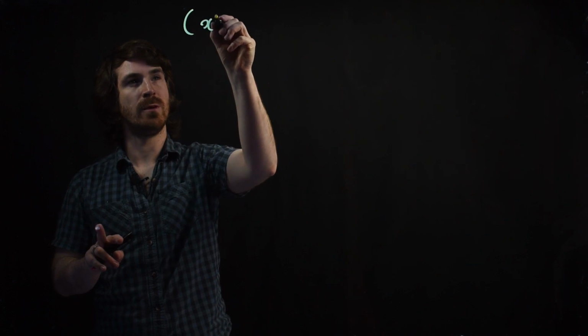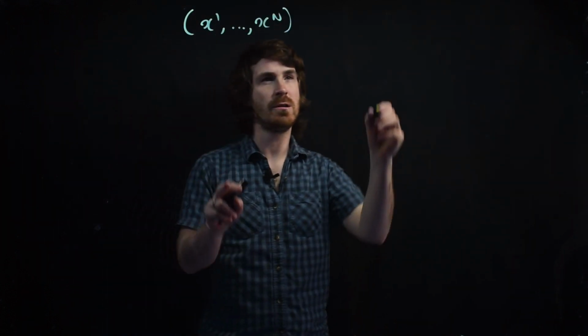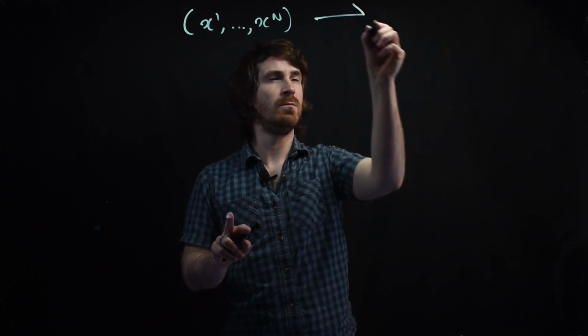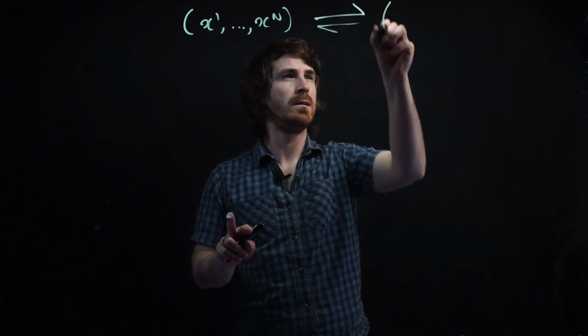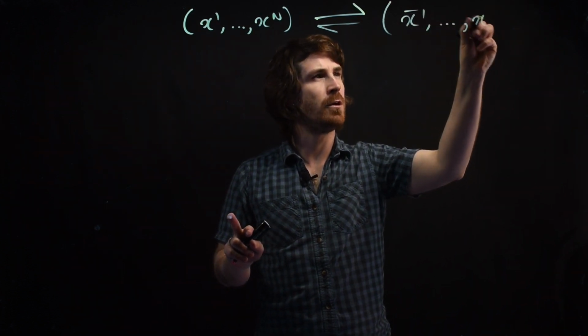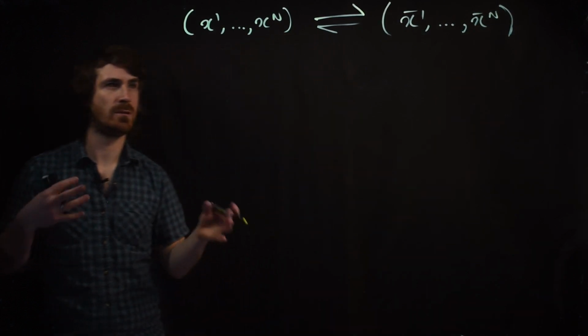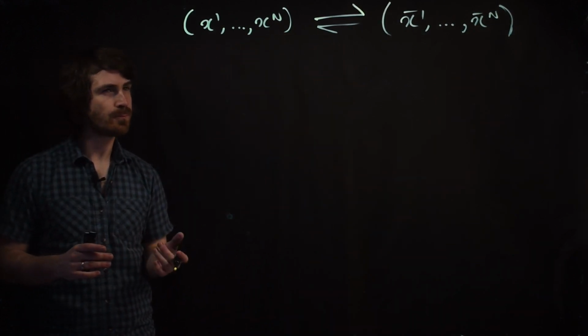Now let's think what happens when we transform between one coordinate system, x1 to xn unbarred, and a different coordinate system, x bar 1 to x bar n. They're both n-dimensional spaces, but we've picked two different coordinate systems.